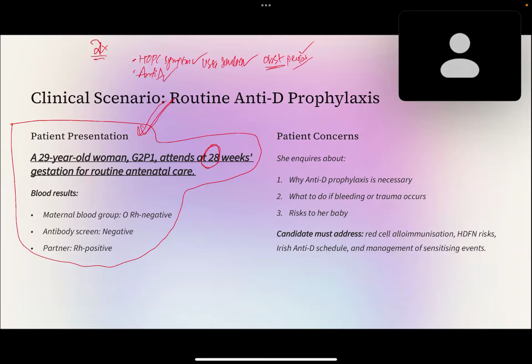If she did not have any antibodies, then she would have been given the anti-D prophylaxis, which we do around 28 weeks. So pre-pregnancy, you do it or not? We don't do pre-pregnancy prophylaxis, but we only do the titers. Okay.